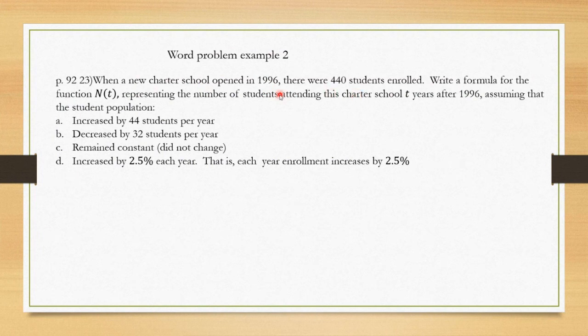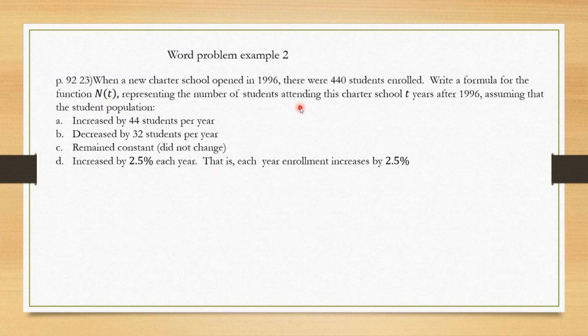We're going to write a formula for N of T, representing the number of students attending the school, T years after 1996, assuming the student population does these things. So we're basically going to write N of T for each situation here.